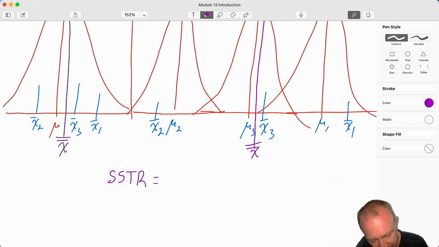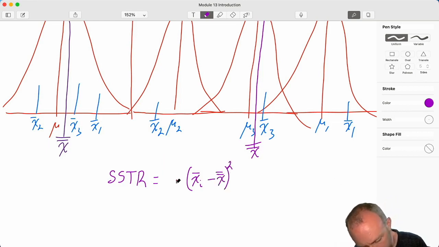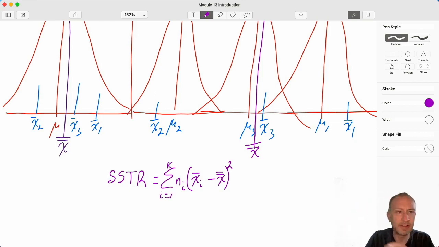And that is based on the difference between individual sample means and the grand mean, multiplied by n, which is just the individual sample size, and we add those together across all of our samples.